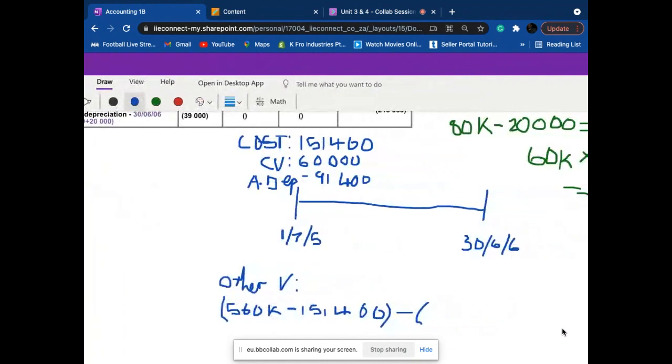So again, what do we need to do? We know that if we look at this accumulated depreciation of 192, it includes this asset that we just sold. So again, we need to remove that.